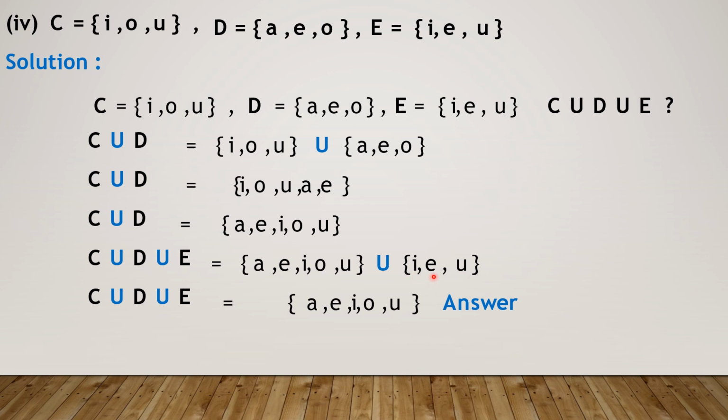But all the elements of second set are already written here. So there is no need to write them again because we don't need any repetition. So this is the method how we find the union of all of the 3 sets C, D, E. First, find union of first 2 sets and then with answer find the union with third set. This is the whole thing.